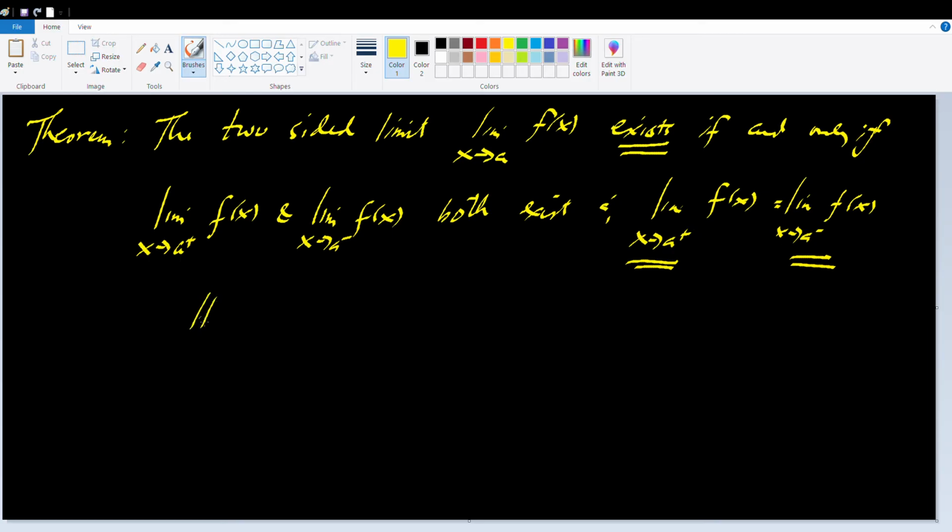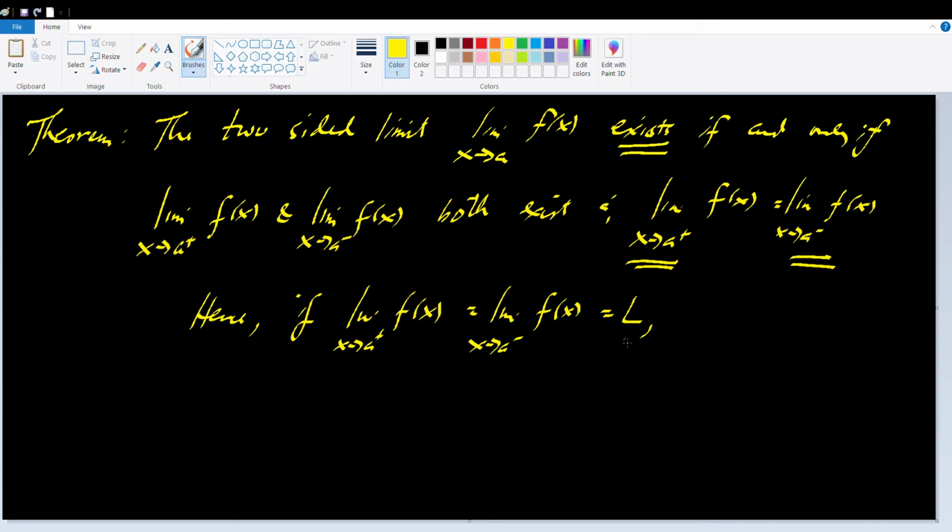Hence, if the limit of f of x as x approaches a from the right is equal to the limit of f of x as x approaches a from the left, equal to L, then the two-sided limit of f of x as x approaches a must be equal to the common limit L. Okay?